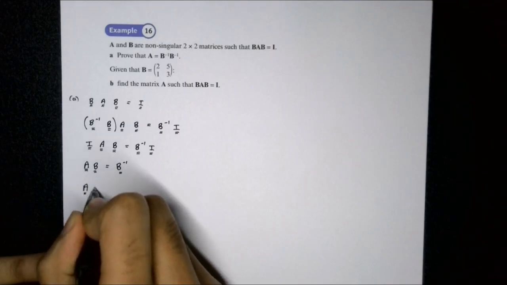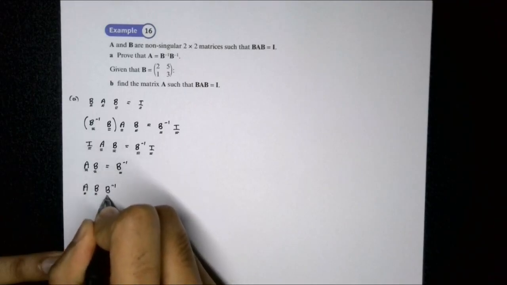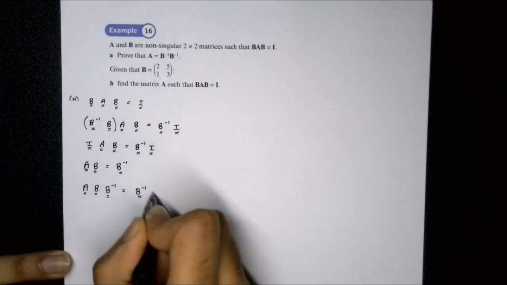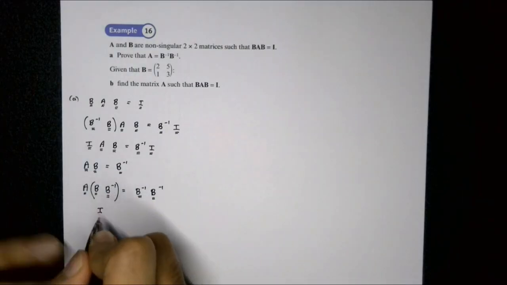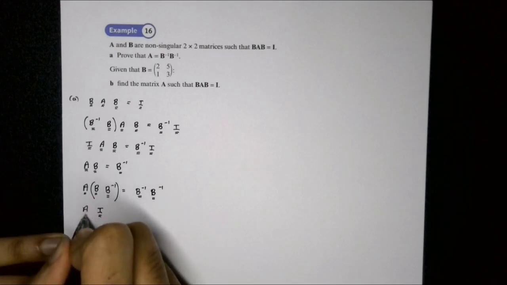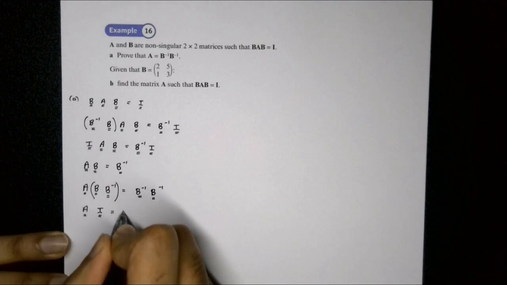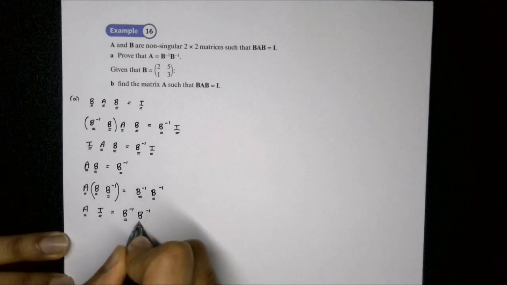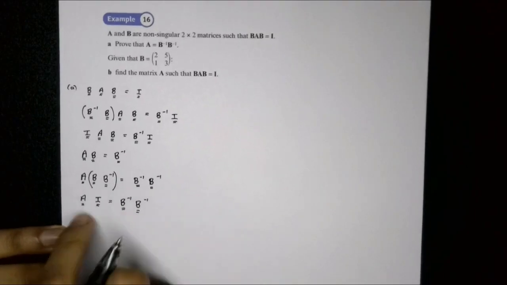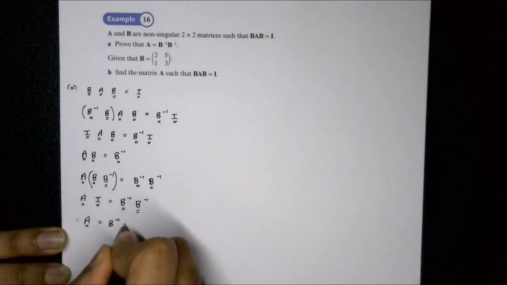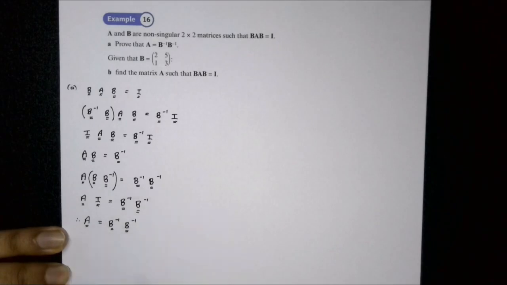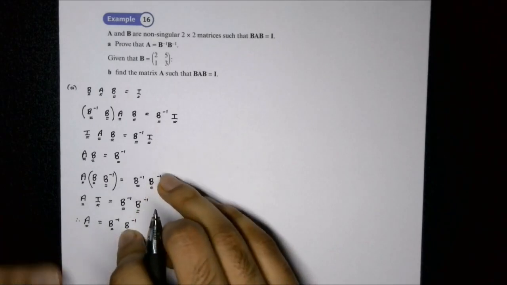So we've got A multiplied by B multiplied by the inverse of B. This is equal to the inverse of B, which is what we've got already, multiplied by the inverse of B. The reason I want to do that, you'll notice here, B times inverse of B, that's I. So we've got A multiplied by I. This is equal to inverse B times inverse B. So A times identity, that's just A. So we can therefore conclude A is equal to inverse B times inverse B. So therefore, we've proved the result.